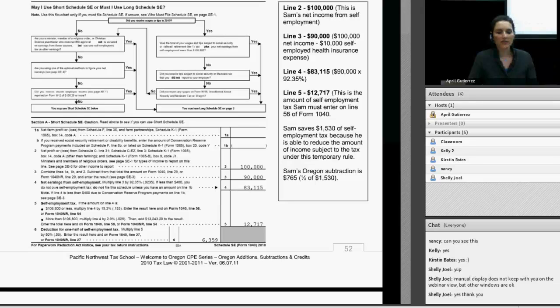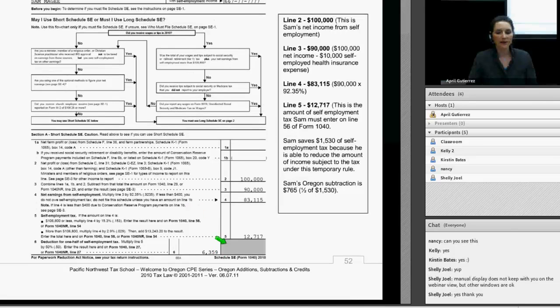So I threw up the Schedule SE here for you. We're showing the net profit from the business but we're also reducing the amount of that profit subject to self-employment tax by the $10,000 that was paid on self-employed health insurance premiums. We then use the $90,000, we multiply that by 92.35% to get the amount of income on which we are going to calculate self-employment tax, $83,115, and that gives us this particular amount of tax.